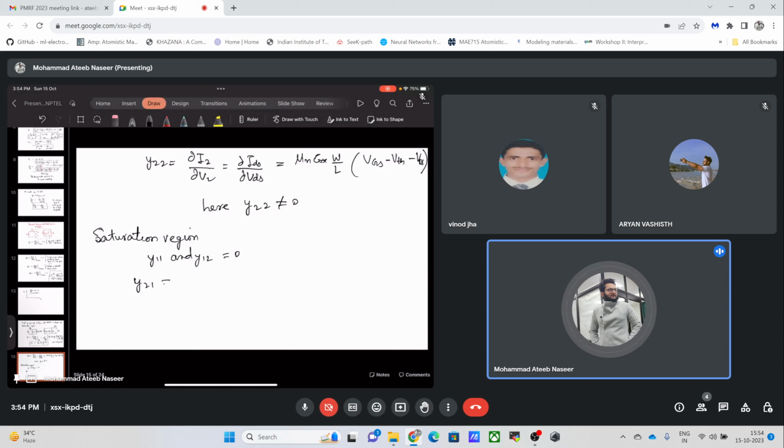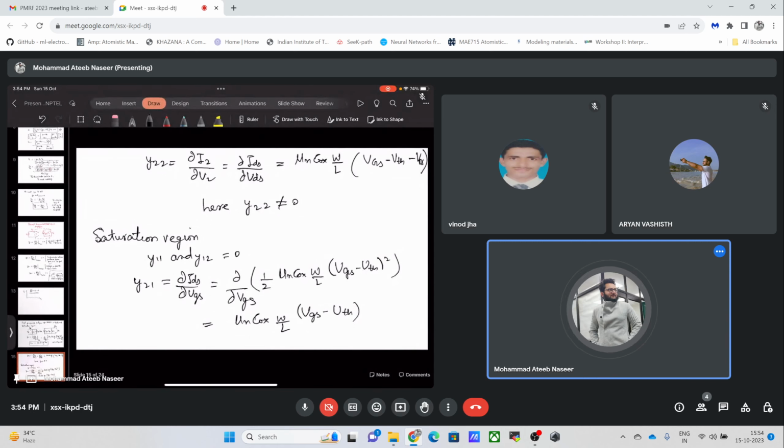Y21 is simply dIDS by dVGS. In saturation region, we know the current is one by two mu n Cox W by L (VGS minus VTH) whole squared. This has to be differentiated with respect to VGS. So it would be mu n Cox W by L (VGS minus VTH).